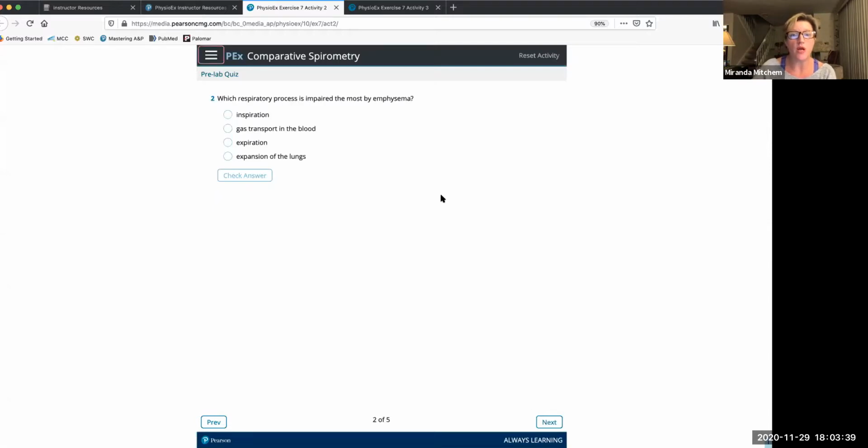Which respiratory process is impaired the most by emphysema? It's expiration. And that's true of other restrictive diseases, it's expiration. During an asthma attack, bronchial smooth muscle relaxes.